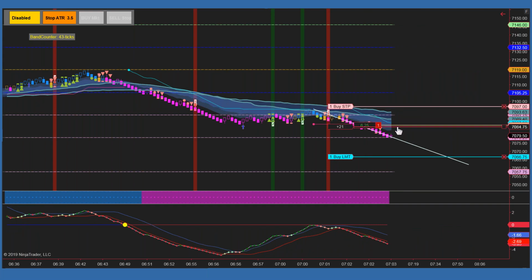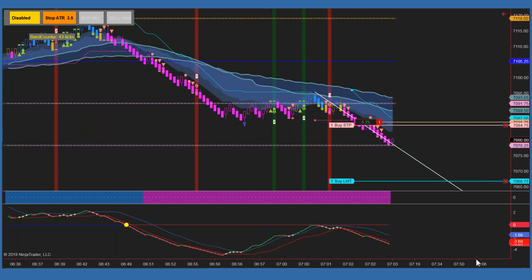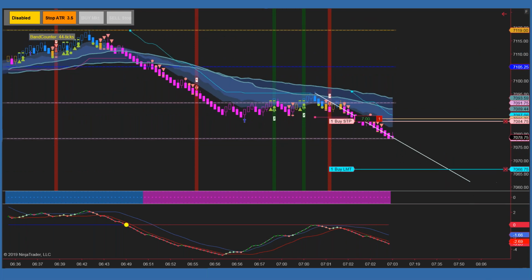Now that we are at the secondary support zone, however, I am going to tighten my stops up a little bit. And you know what? I don't need to be the last guy out. So I think I'll leave my profit target where it is.